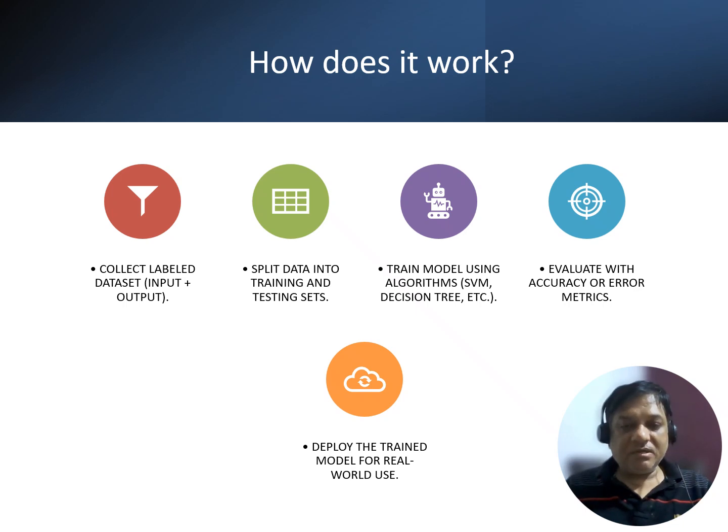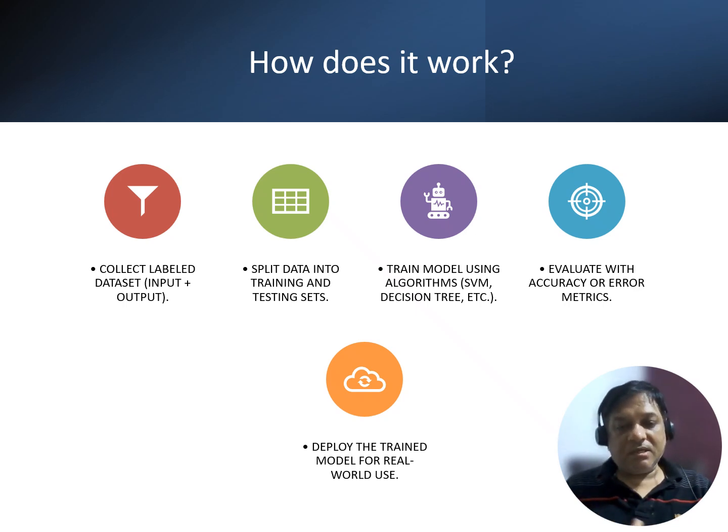How does it work? It collects the labeled data set, input and output. It splits the data into training and testing sets. It trains the model using algorithms, SVMs, decision trees, etc. It evaluates with accuracy or error metrics, and deploys the trained model for real world use.